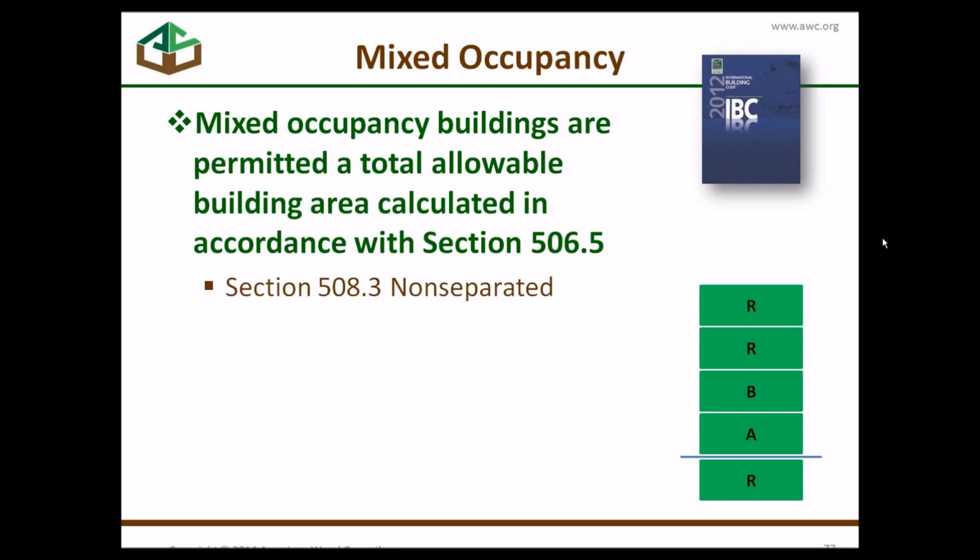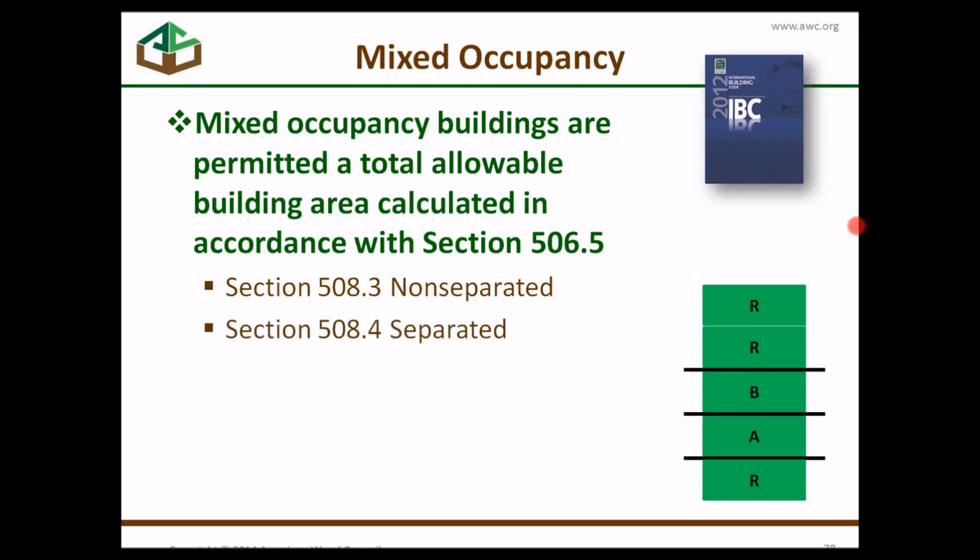Non-separated mixed-use buildings, Section 508.3. You can have different use groups in a building. If they're non-separated, then whichever is the most restrictive use group in terms of allowable area is going to determine the size of your building. Another alternative is separated mixed-use groups.